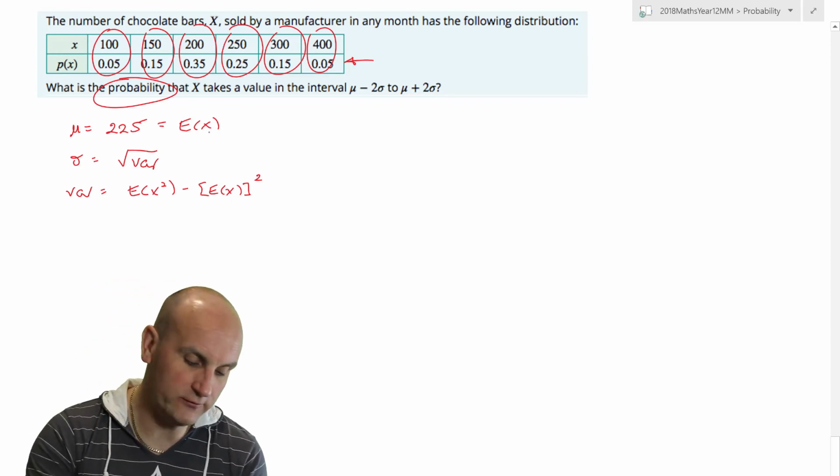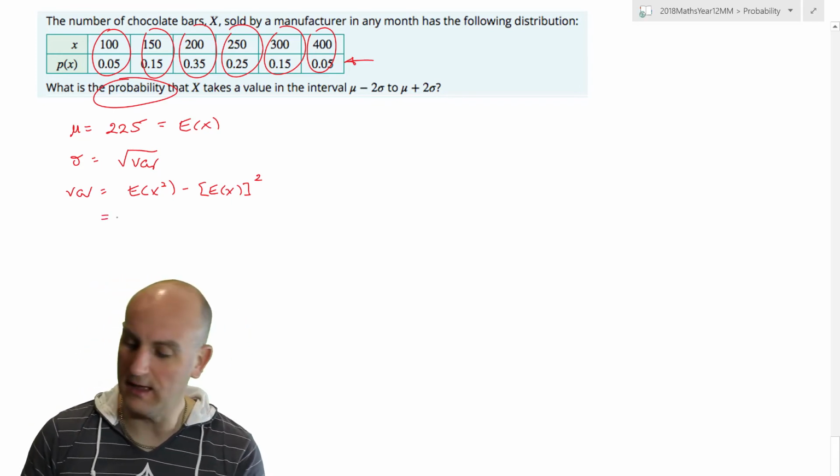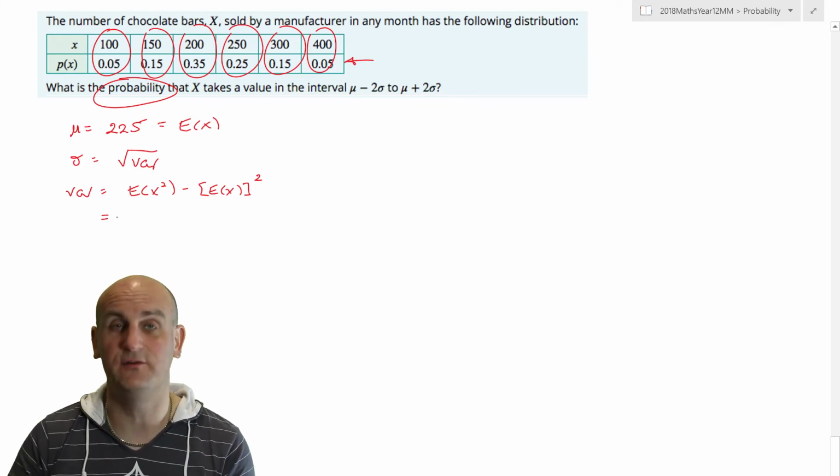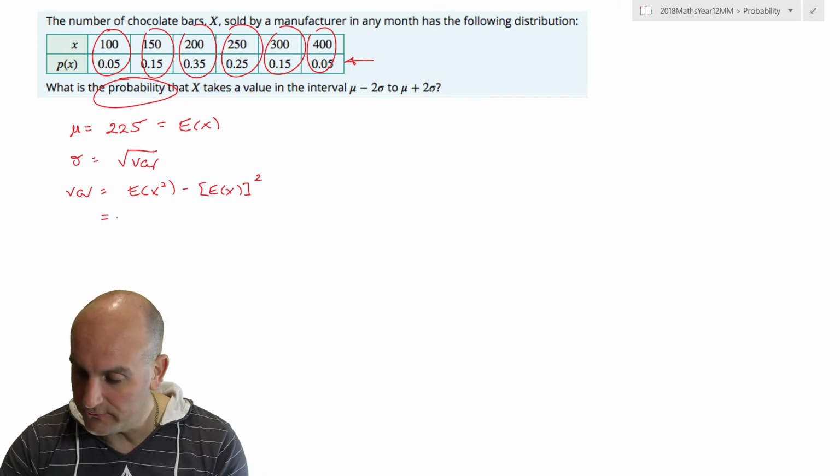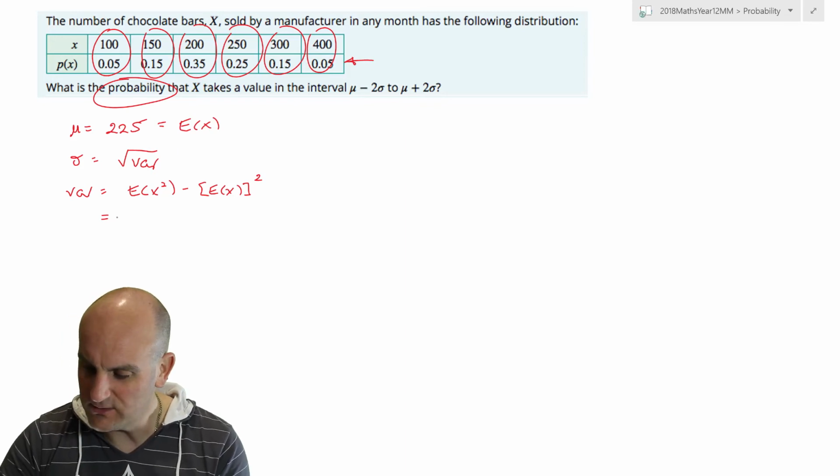So I'm now going to do my variance. How do I do that? Well, the good news is I've already scaffolded my calculator to have that information for me. So I'm going to copy all of this, because my CAS allows me to copy it down, just so I don't lose my original value.